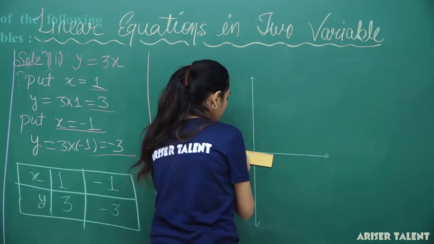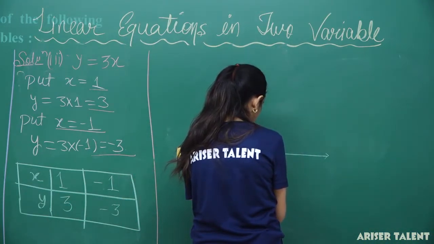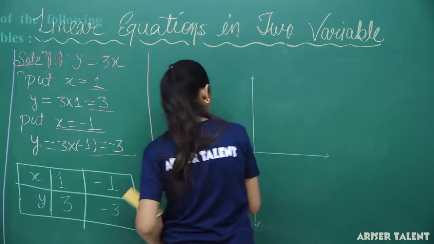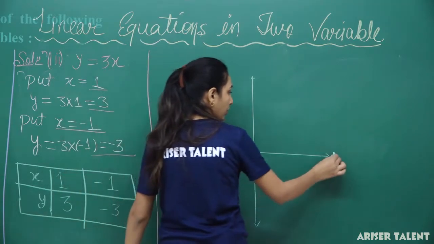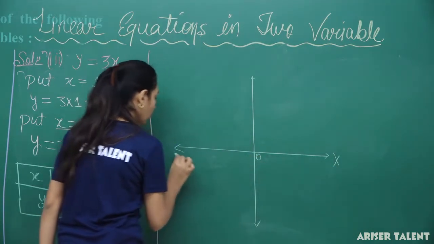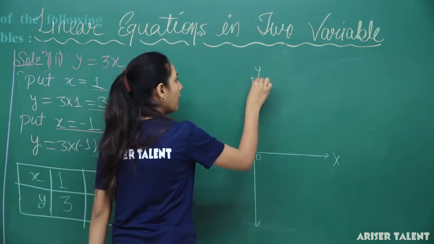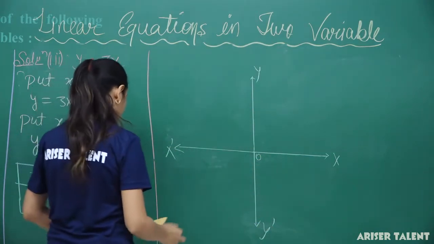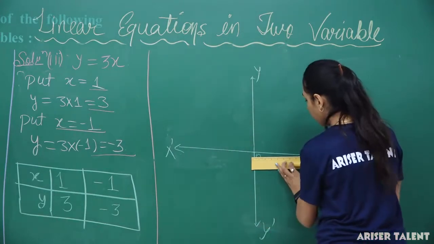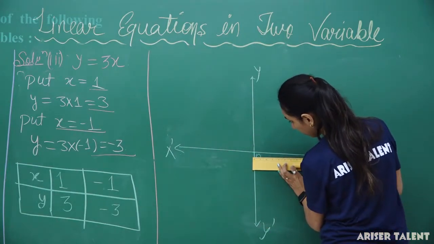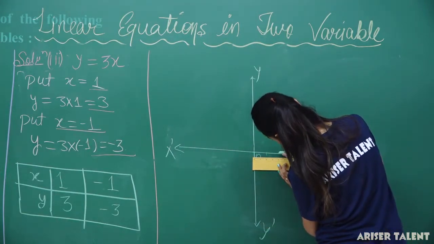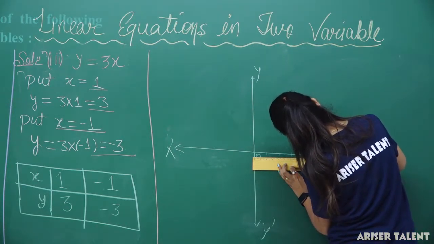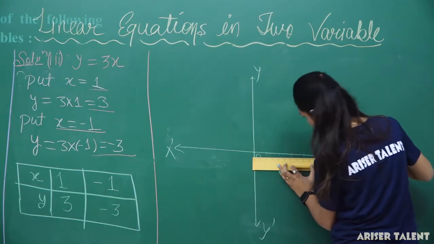This is your XOX dash, Y O Y dash, right? Now we will be having the margins as 1, 2, 3, 4, 5 and so on.